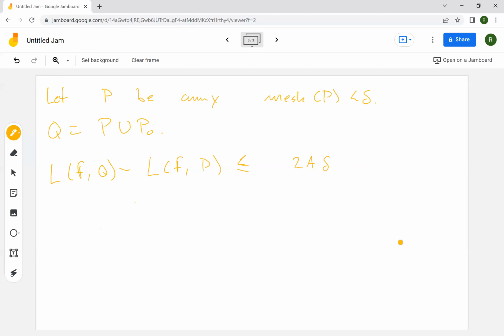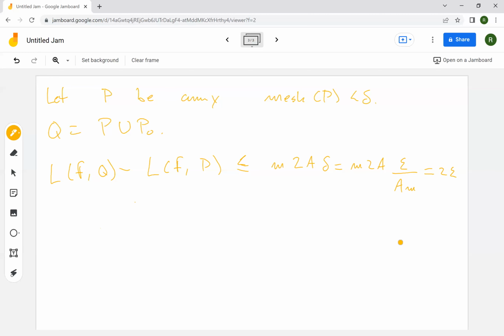This is what happens if I just add 1 point from P naught to P. I know that this inequality is going to be less than or equal to 2A delta. But there are m elements in P naught, so I'm going to do this m times. I'm going to apply the technical lemma m times. And so this is actually an m there. I'm going to have my m, my 2A. Notice delta is equal to epsilon over A times m. So overall, this is just equal to 2 epsilon.